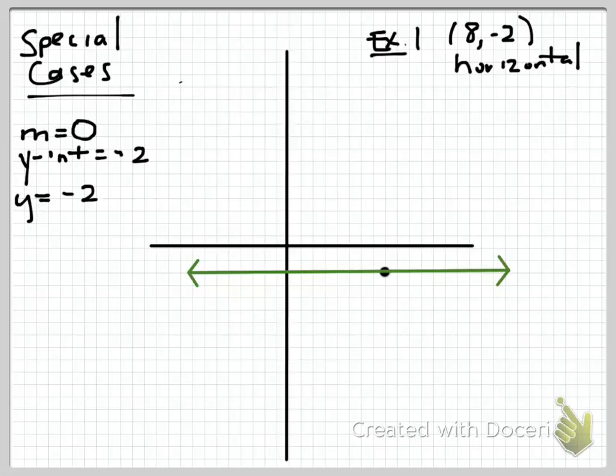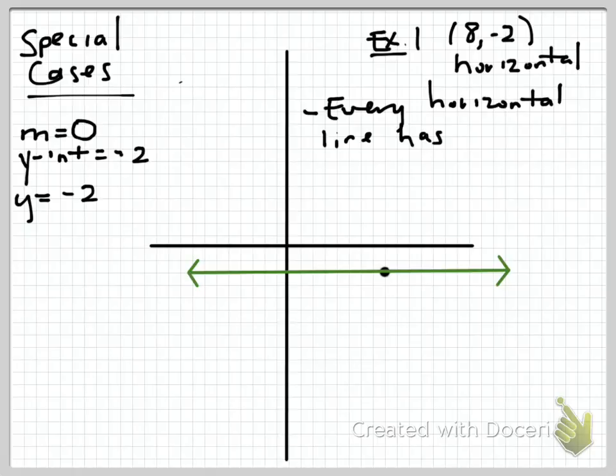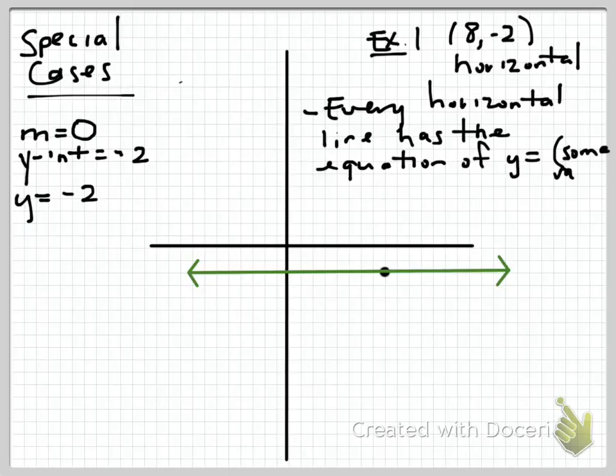So every horizontal line, and you might write this in your notes, every horizontal line has the equation of y equals some value. And what I mean by some value, that's some number. There's no x, there's no other variable.